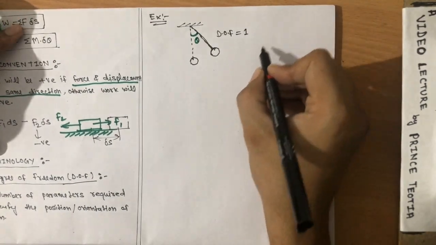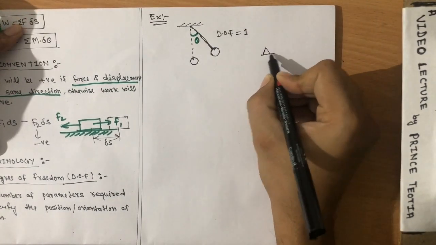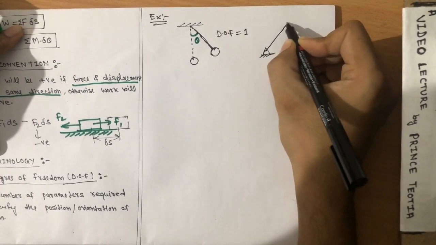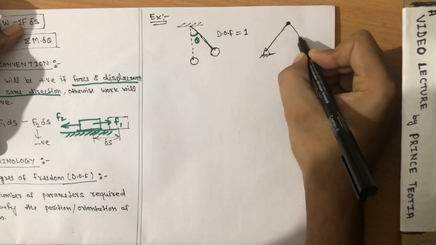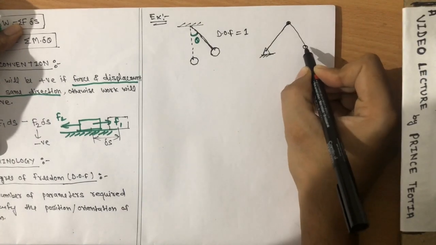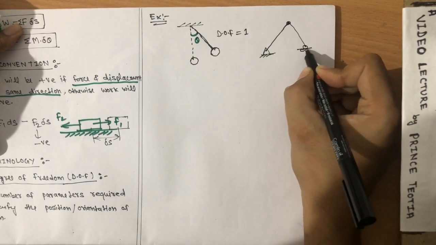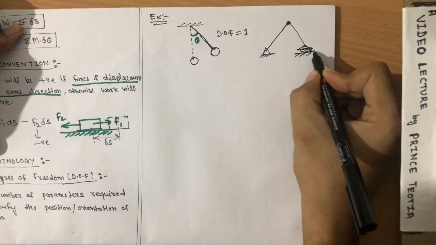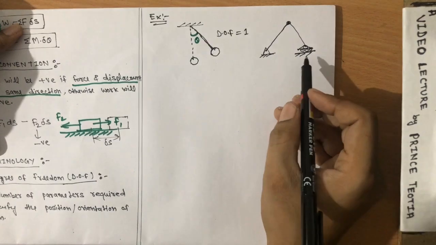And suppose this is a truss: this is one member and this is the second member, these are the roller supports. Okay, this is the roller support, this is the pin joint.